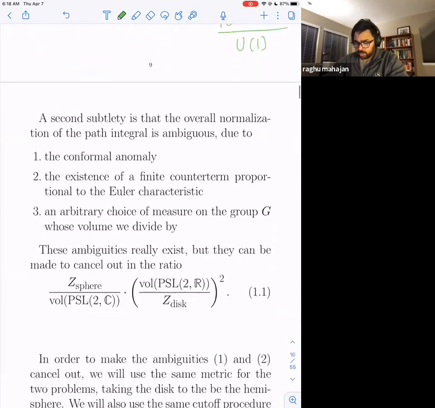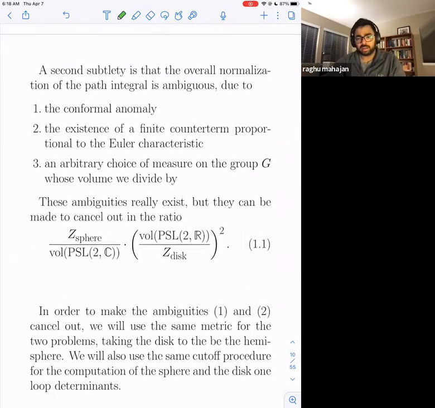And this is the second subtlety that I mentioned. When we usually compute CFT path integrals, there is a conformal anomaly that one has to be careful about. There is a term proportional to the Euler characteristic, which multiplies the string coupling by a constant number. Also we have these PSL2R and PSL2C groups, and their volumes are well defined after you specify a measure on them.